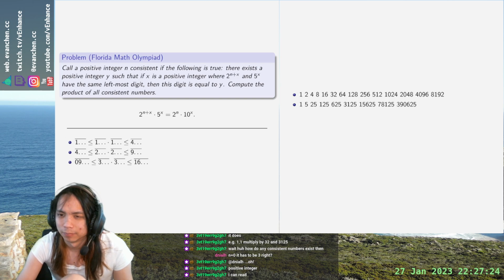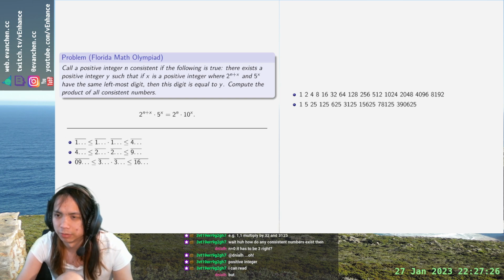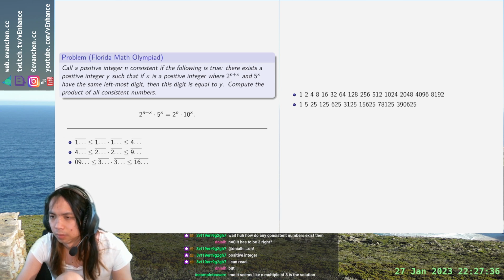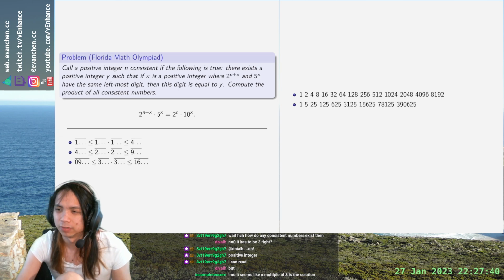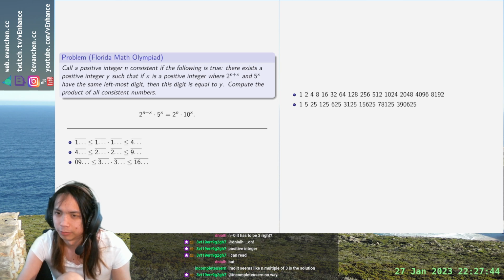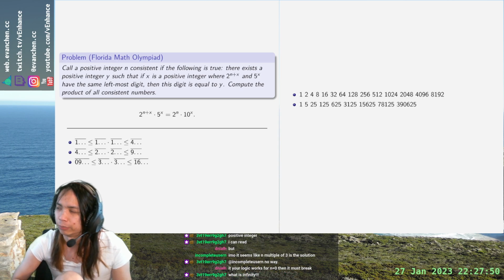I'm gonna finish writing this table because I want to see what the entries are. But it's not even the first digit, I want to talk about the first 2 digits of the product. How about that? I'm gonna zero pad the product because I can. We're not looking at the first digits of the final product.